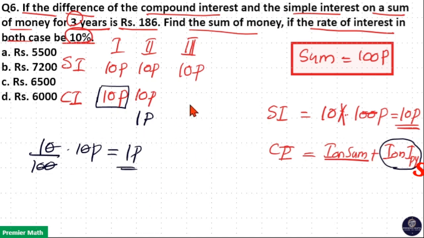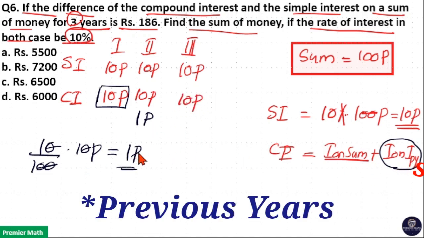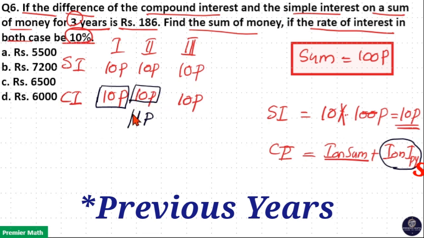Now third year interest received on sum is equal to 10 part. Then interest received for the previous years. I got how much interest previous year? I got 10 part plus 10 part plus 1 part. That is total 21 part I received on previous year as interest.